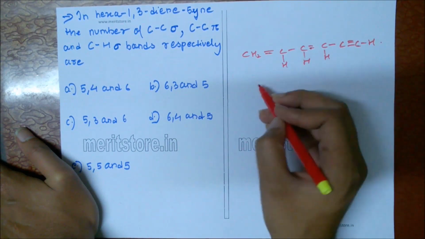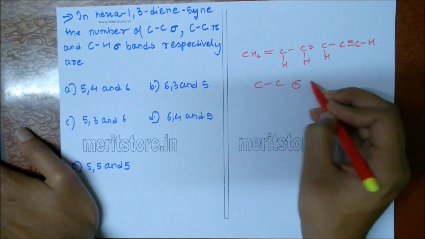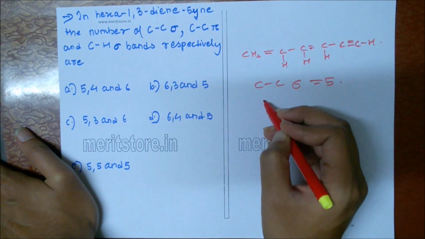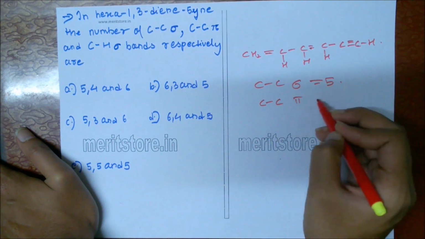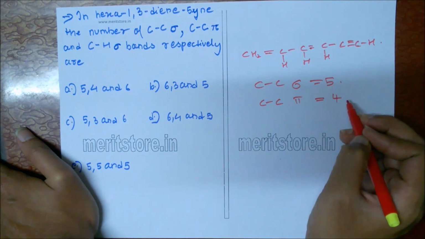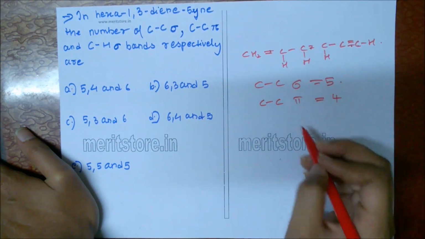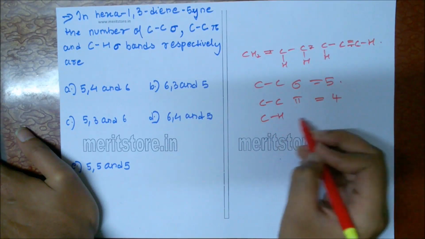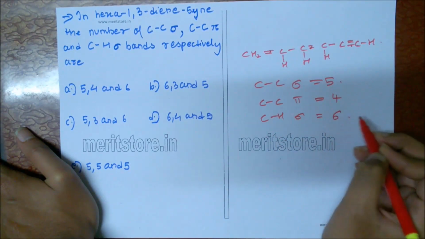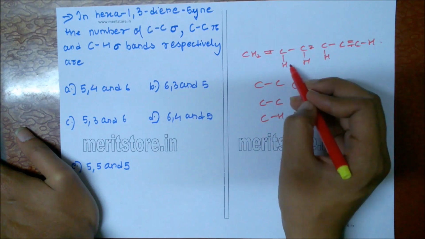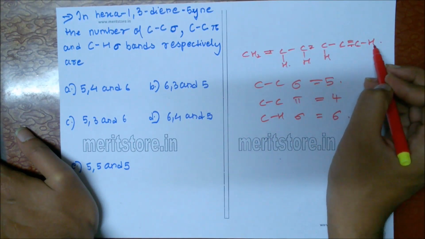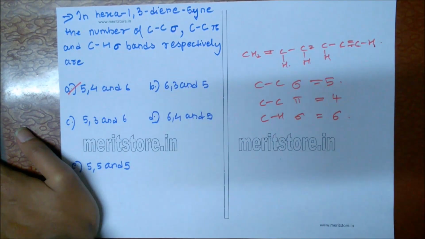The number of C-C sigma bonds here is 5. C-C pi bonds equal 4: 1, 2, 3 and 4. And C-H sigma bonds equal 6: 1, 2, 3, 4, 5, 6. So option A is the correct answer.